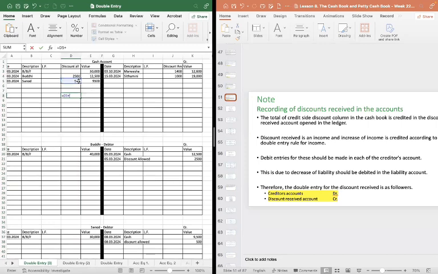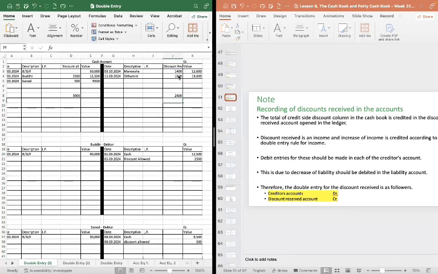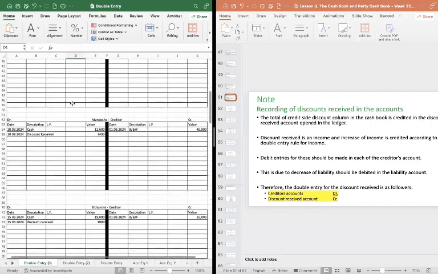Now here we have 3,000. Here we have 2,400. So there is a discounts allowed amount of 3,000, whereas there is a discounts received amount of 2,400. Is discounts allowed an income or an expense from the business side?